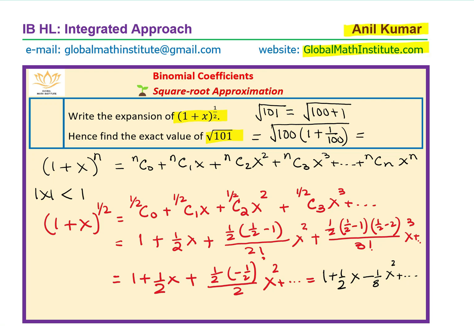So this square root becomes the square root of 100, which is 10, and then within the square root we have 1 plus 1 over 100. So if you now look at the expansion, we could rewrite this as 10 times (1 plus, instead of x, 1 over 100), and find the square root of 101. You get the whole idea, right? So let's move on to the next page.